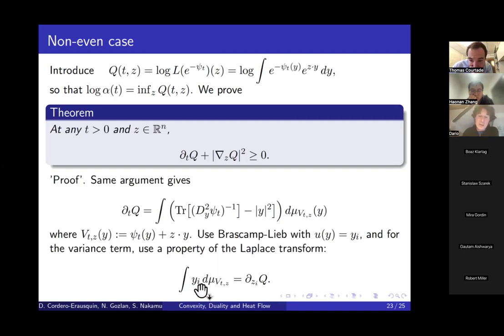But you see, since q is given by a Laplace transform, this barycenter is exactly the derivative with respect to the ith coordinate of q. And so what you get when you apply the Brascamp-Lieb inequality is exactly this inequality.